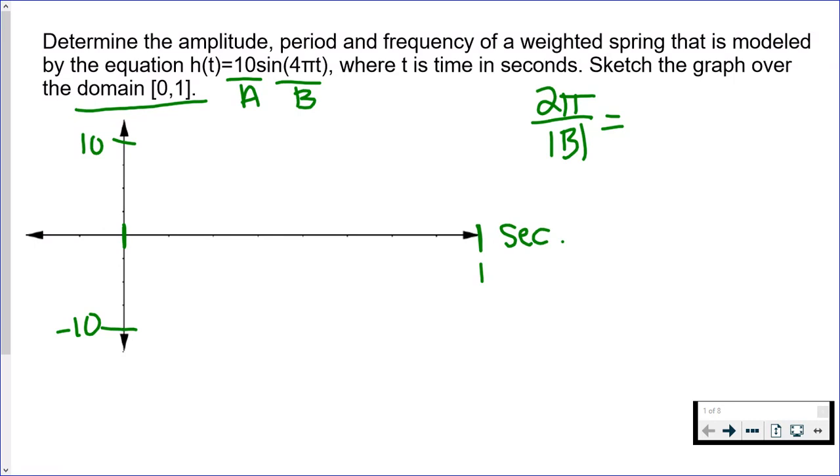We find the absolute value of b to ensure that we have a positive period, because period is the length of time that it takes to get through one cycle of the graph. So the period is 2 pi divided by 4 pi, which reduces to 1/2. So what we just found is this sine function goes through one full cycle in half a second.